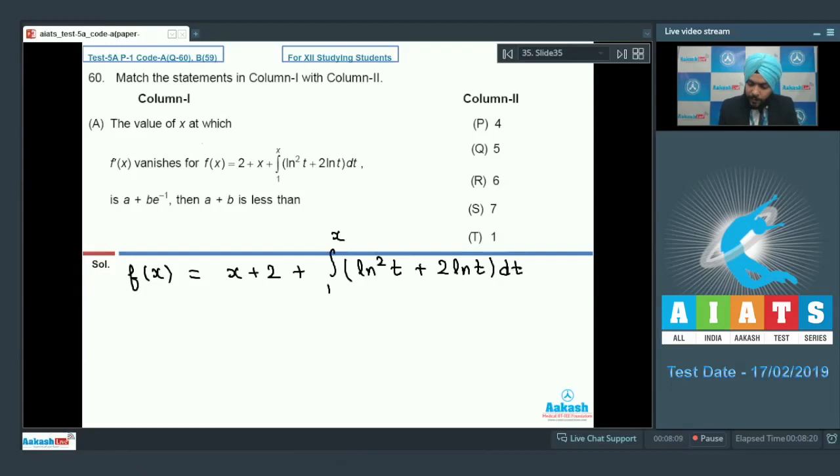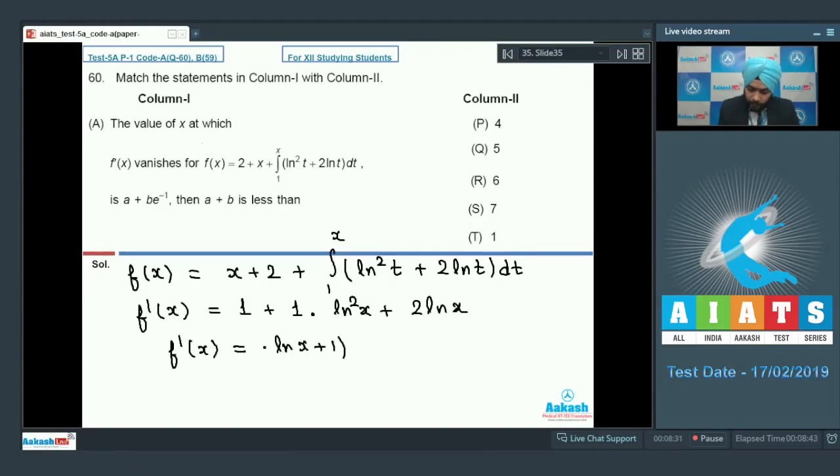Students, applying Newton-Leibniz formula and differentiating this particular function to find out the value of x where f dash x vanishes, we will have f dash x is equal to 1 plus differentiation of x is 1 into ln square x plus 2 ln x. So we have f dash x is equal to (ln x plus 1) whole square.